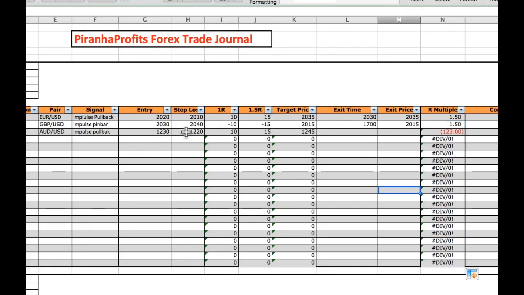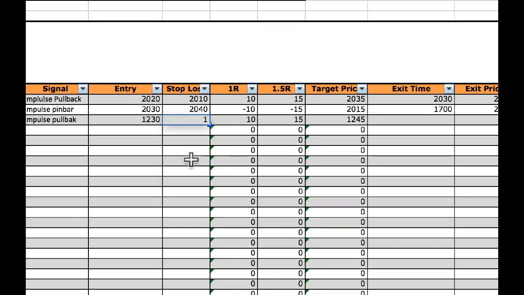Okay, so you can see if you were to change this to 1210, you can see these changes. Can you see? The formula is there to deduct this from this, right? So 1220, boom. Immediately all three would change based on that formula.